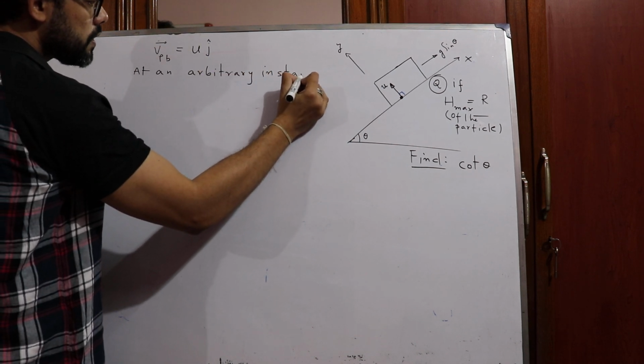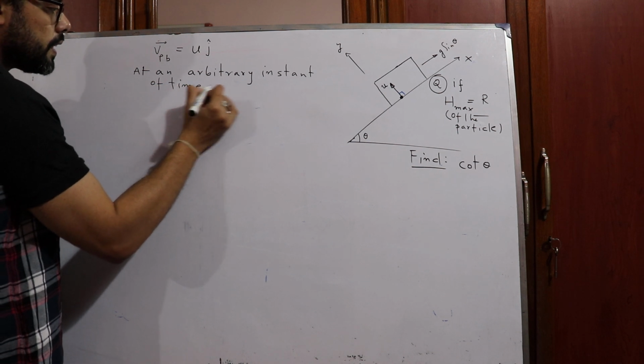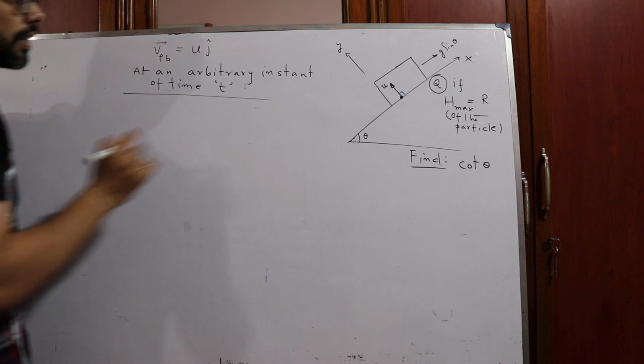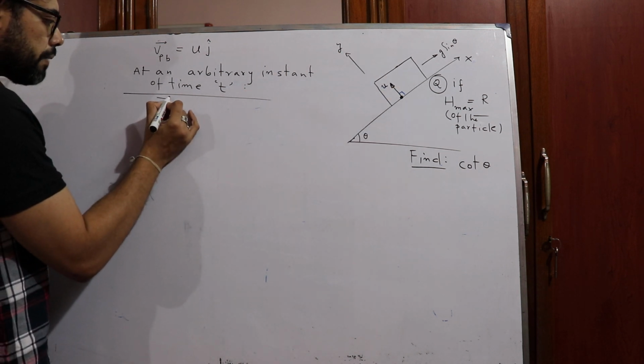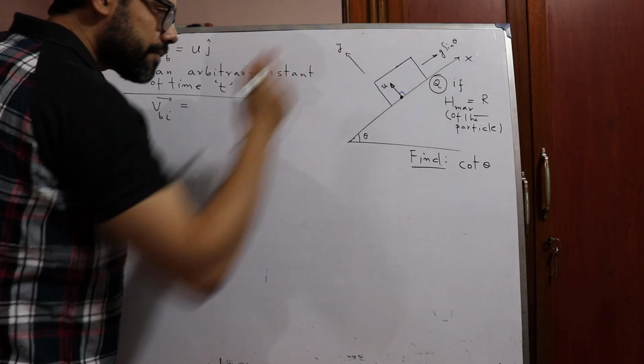Now at an arbitrary instant of time t, what is the velocity of the box? Velocity of box with respect to inclined plane, the box was initially at rest, so it is dragged.